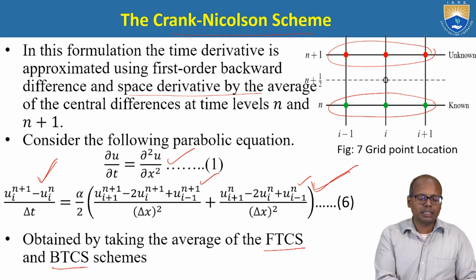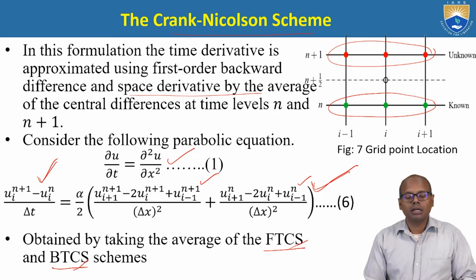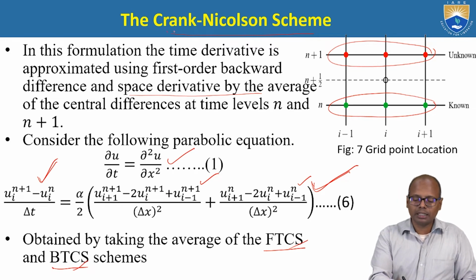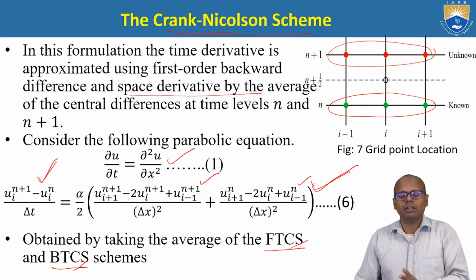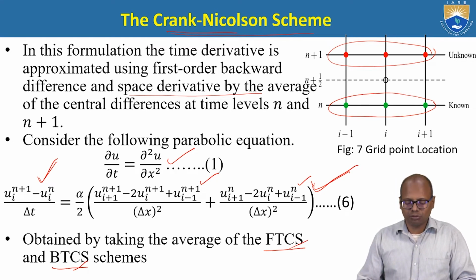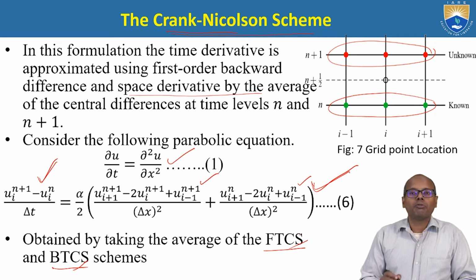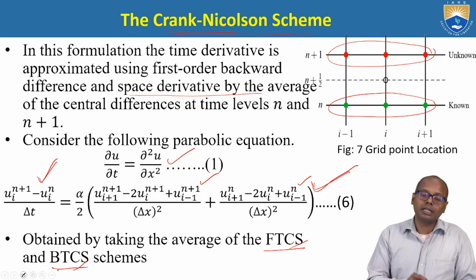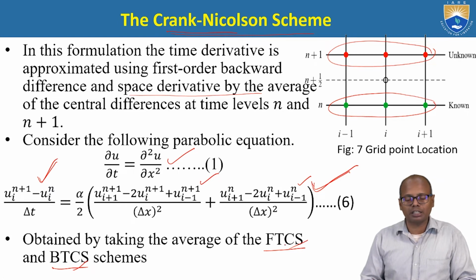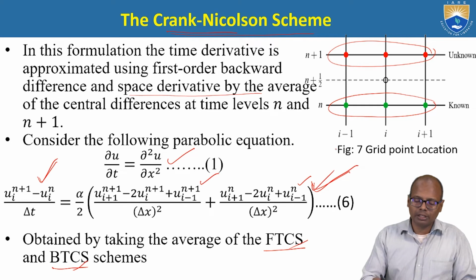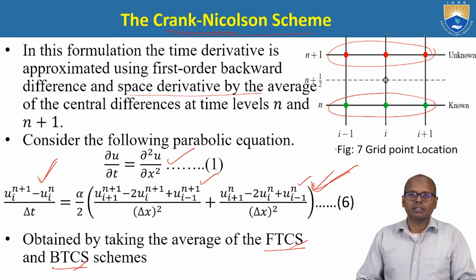So the Crank-Nicolson scheme can be stated as an average of the FTCS scheme and the BTCS scheme. What is the FTCS scheme? It is forward in time, central in space, and here it is backward in time and central in space. If I take the average of this, I will get the Crank-Nicolson scheme.